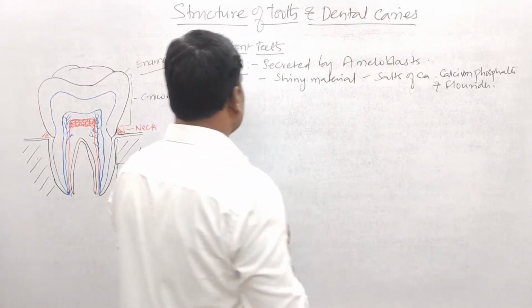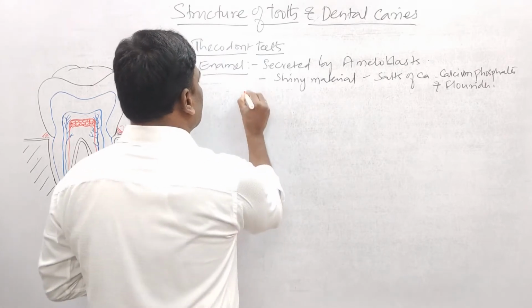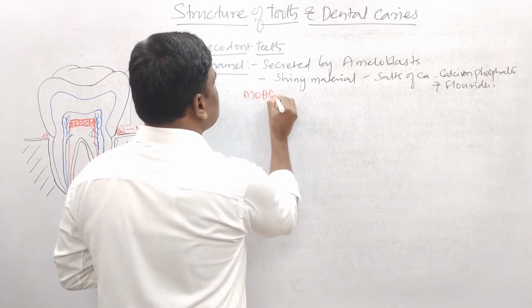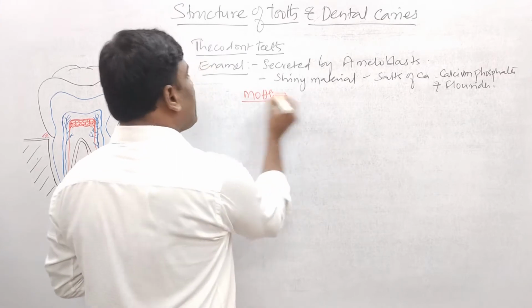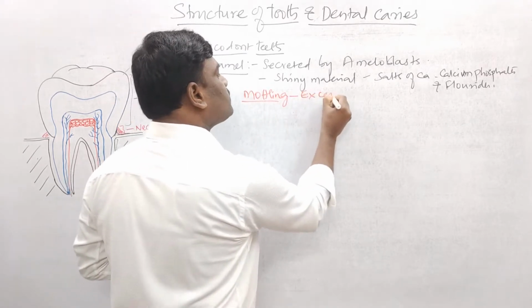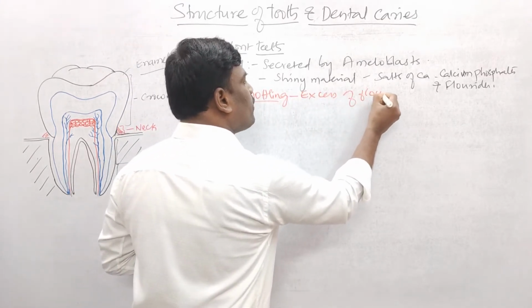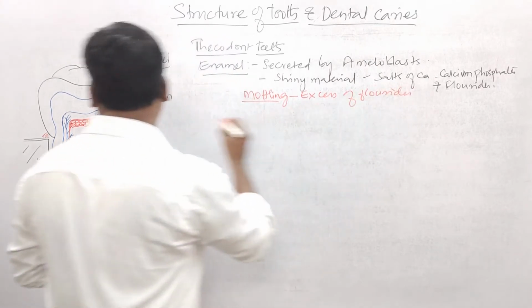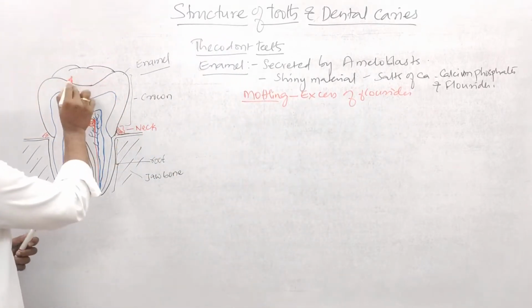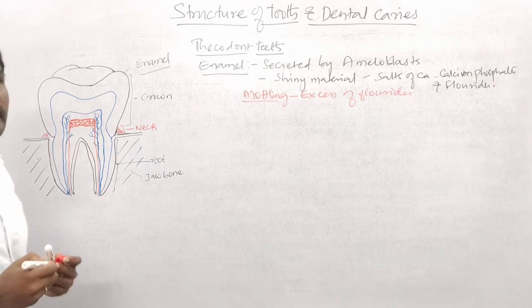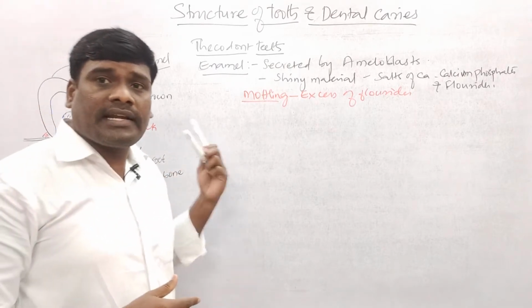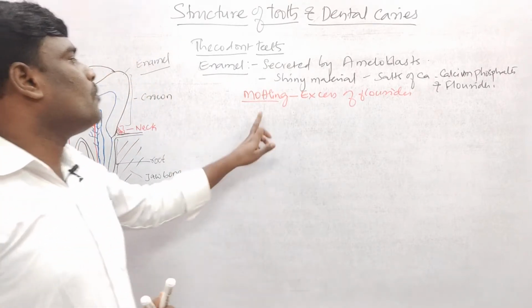What is that, children? We call it mottling. So this mottling is because of excess of fluorides, children. That results in damage of the enamel. That condition we call mottling.